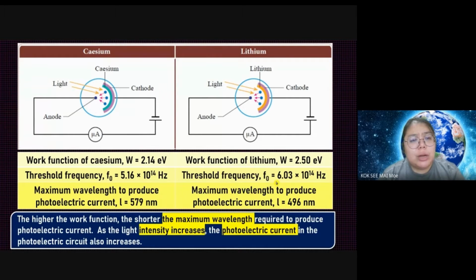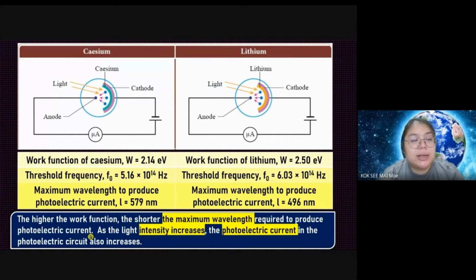If you want electrons to come out faster, the work function must be lower and the threshold frequency lower, but the wavelength is longer than the other one. You need to know the relationship between frequency and wavelength. So from here we can conclude: the higher the work function, the shorter the maximum wavelength required to produce a photoelectric current.